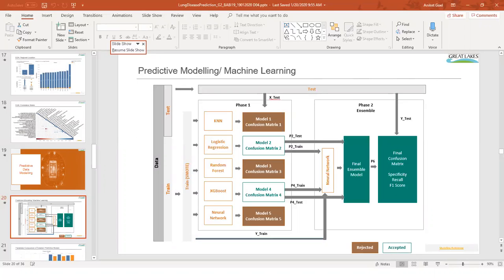Say I've been given the data of 100 people, and out of these 100 people, 2 people have got the lung disease. Now my model is predicting that there is only one person who has got lung disease. That makes me think I'm making an error: I'm leaving one person who has got the lung disease out.